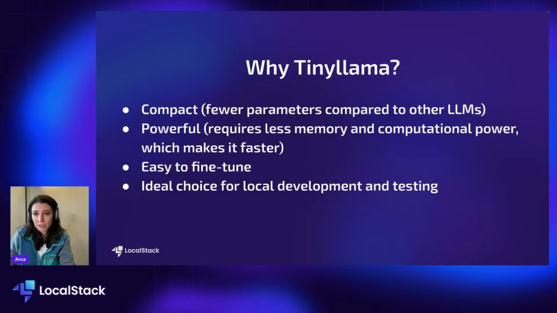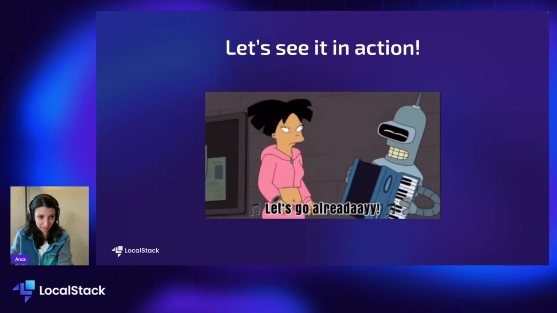This makes it faster. Obviously, it won't be as powerful as Llama 3, but again, this offers some advantages for local development and testing. And because of the fewer parameters, it's also easy to fine-tune. So yeah, this is a good choice for what we're going to be doing.